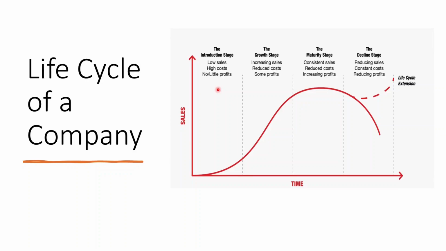Therefore, in this stage, the revenue is low, the costs are very high, and the company tends to make little or no profit. To think of companies in this stage, you can look at companies that are recently launched and you can see their ads everywhere on YouTube or in cricket matches. There are a lot of them in India, and I'm sure you can come up with some names.